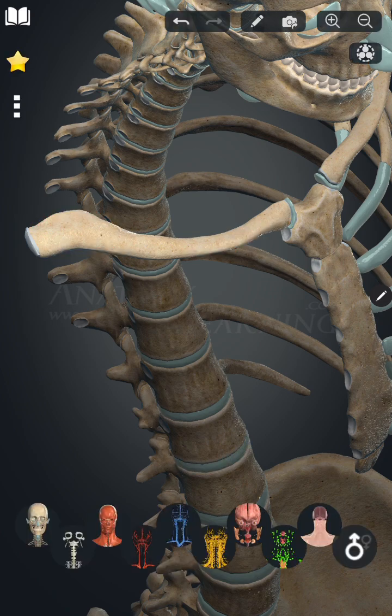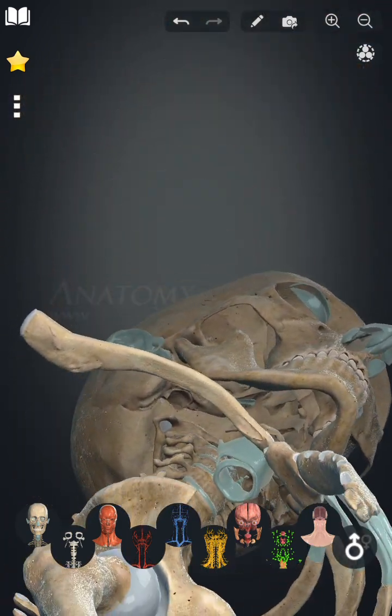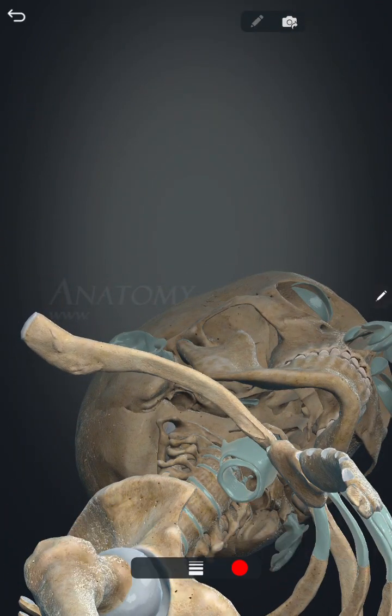If we see on the inferior side of the clavicle, we can see the attachments of the trapezoid and the conoid parts of the coracoclavicular ligament and the attachment of the costoclavicular ligament.